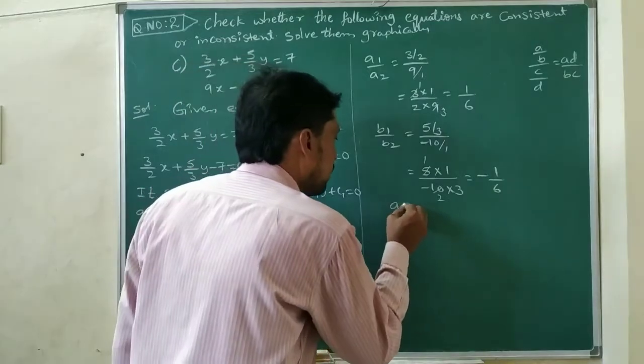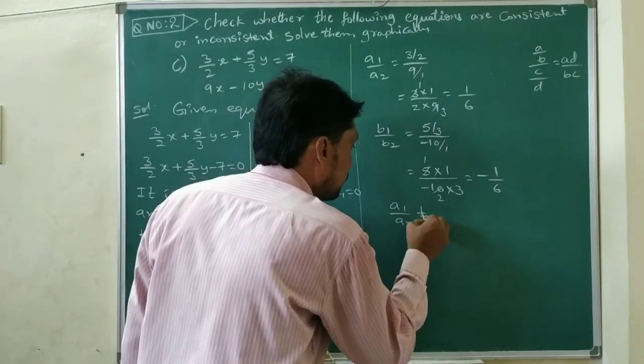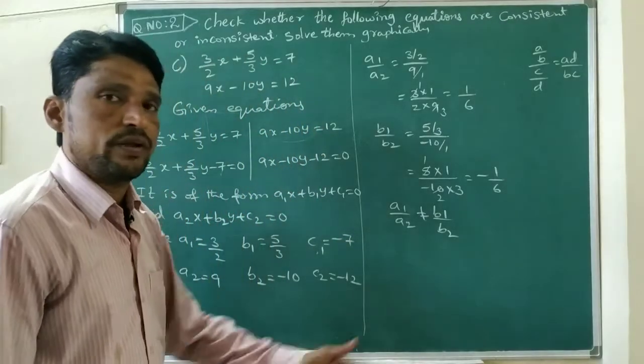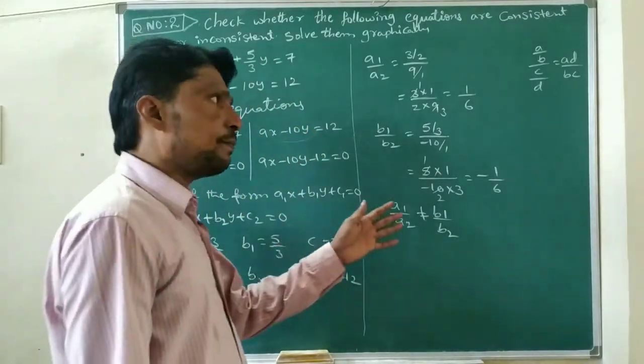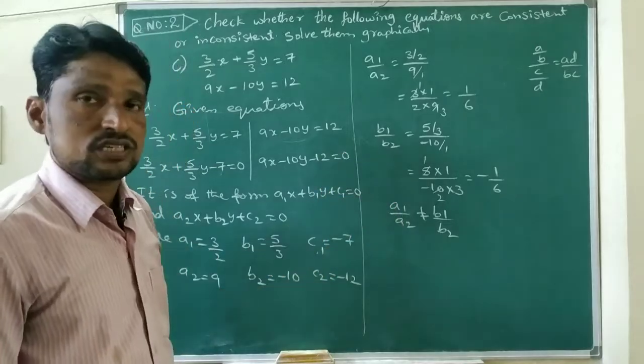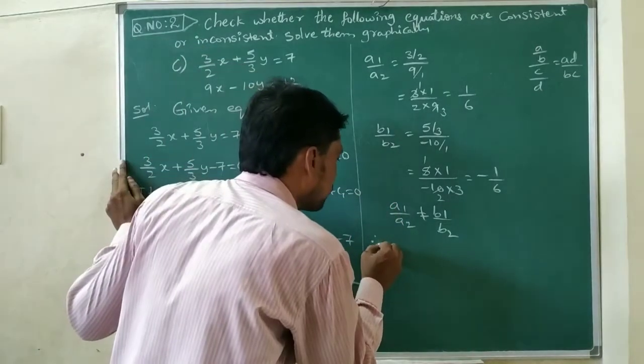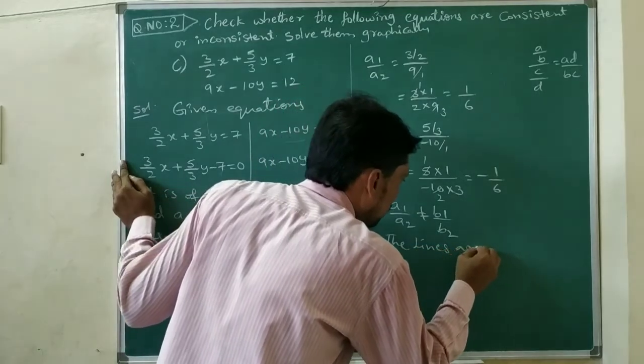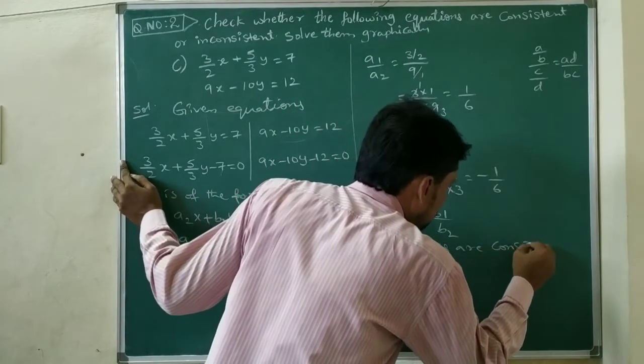Means here a1 by a2 is not equal to b1 by b2. Both are not equal. Both are not equal means what type of lines? That is consistent. So therefore the lines are consistent.